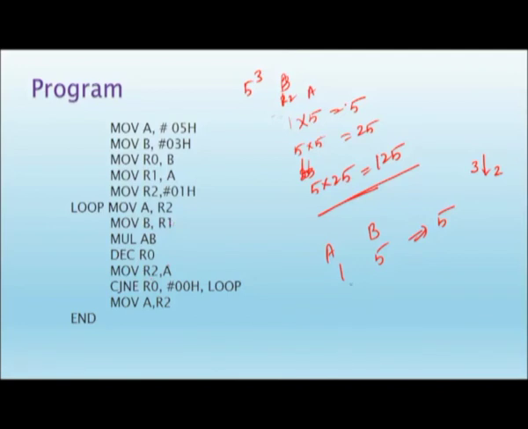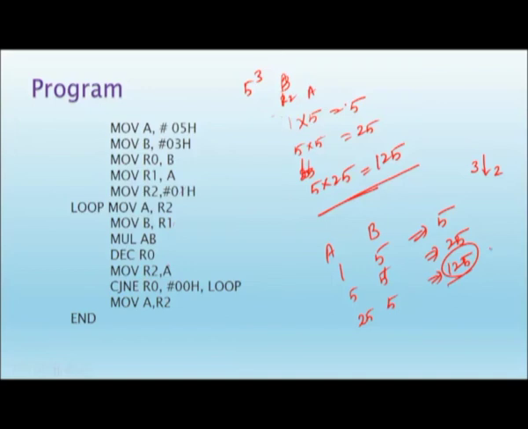Okay. Now, R0 is in the accumulator, what is the value of R0? 1. So, now this 5 will be moved, then the B value is the R1 value which is in the accumulator. So, 5 into 5 we get 25. Again the same process is repeated, 25 into 5 which is 125.